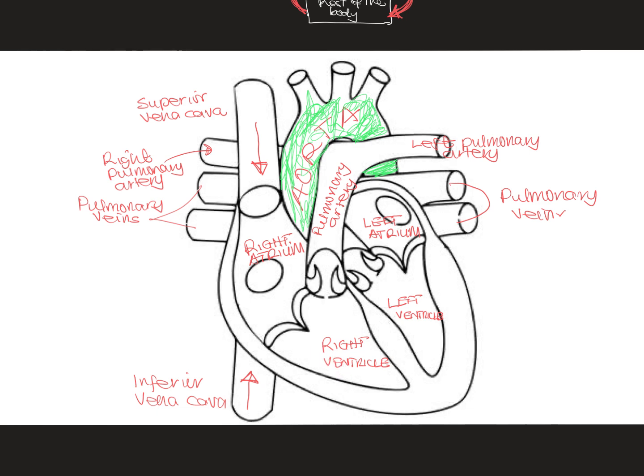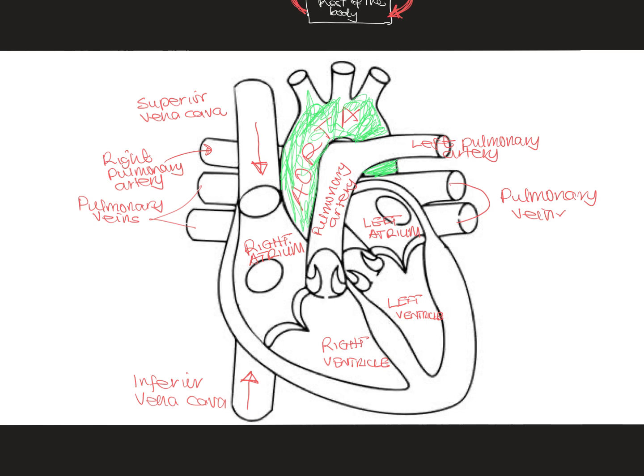Between the right ventricle and the pulmonary artery, the valve that is there is called the pulmonary valve. The valve that is between the left atrium and the left ventricle is called the mitral valve or the bicuspid valve. And the valve that is between the left ventricle and the aorta is called the aortic valve.